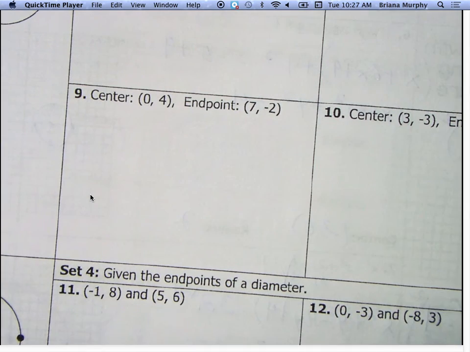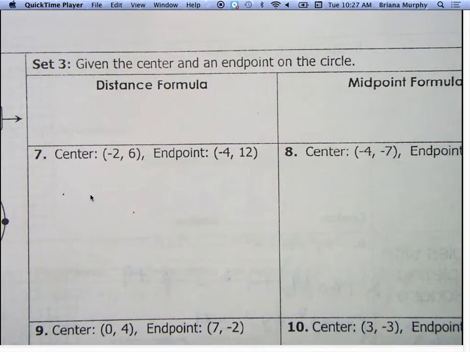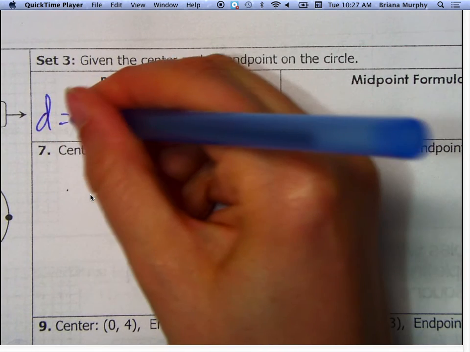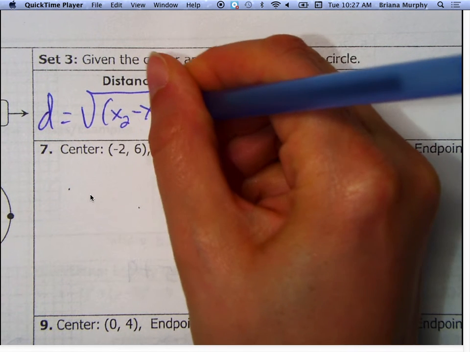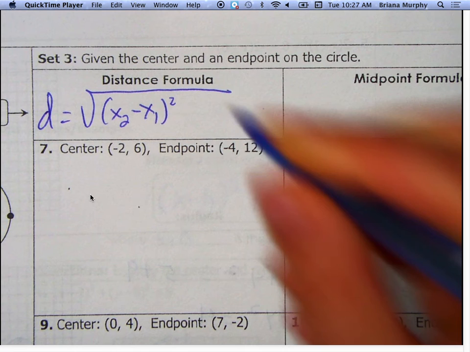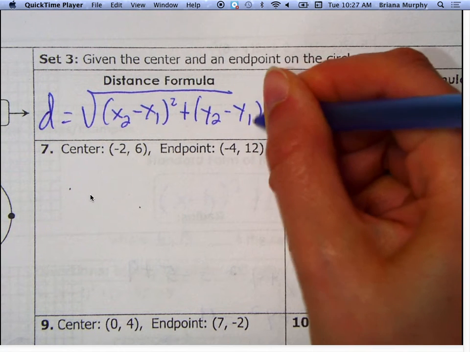Okay, I'm not going to do all these on the back. But I do want you to recall that the distance formula is the square root of x2 minus x1 squared plus y2 minus y1 squared.